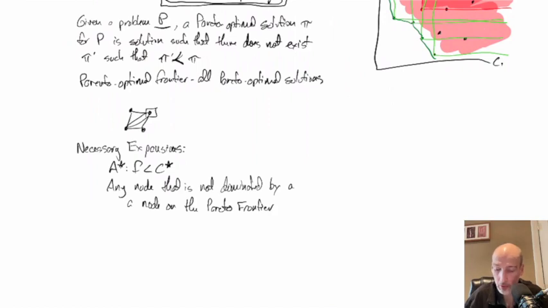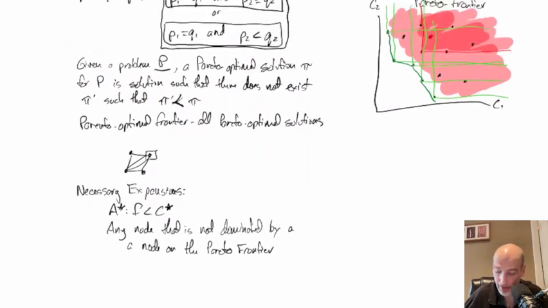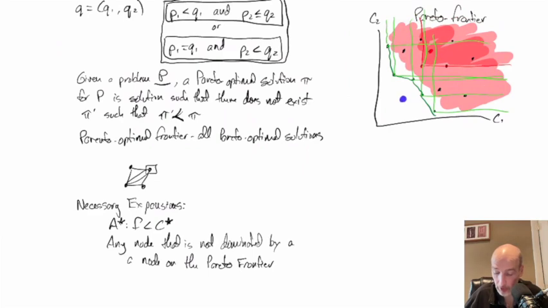Going back to this picture, there could be some node in my search that right now is not dominated by something on the frontier, and so we may have to expand that to ensure that it doesn't lead to a better goal state that would then be on the Pareto frontier itself. Or it might even be here, where it's not dominating anything, but it's not dominated by something else either.